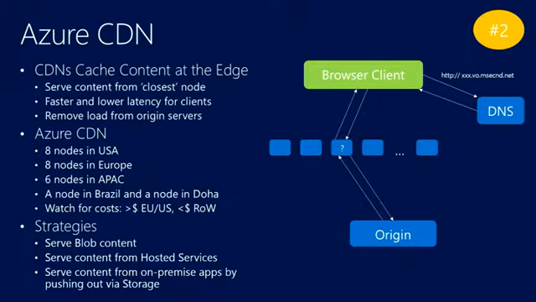But when you can, serve your blob content, right? Pretty simple. Got content in blob storage, push it through the CDN. Serve content from your hosted services, right? JavaScript files, blah. You've got them sitting on your web server, route that data through the CDN, take the load off your web server, get the files closer to your client, reduce that latency hop, improve the overall experience of your users. And if you want to be really clever, you can also use this to serve content from your on-premises apps.